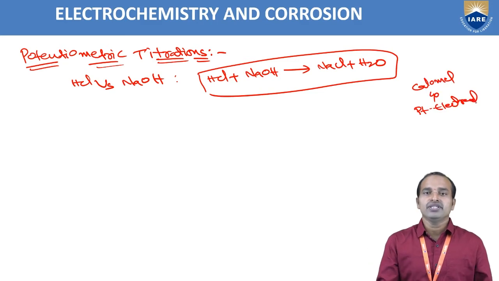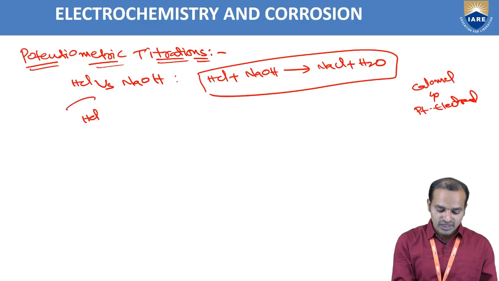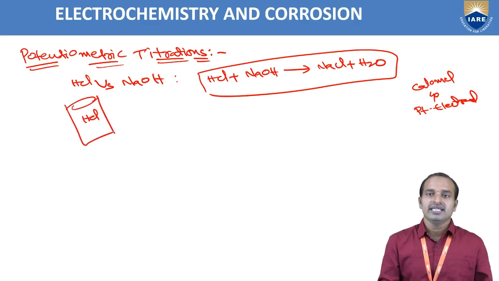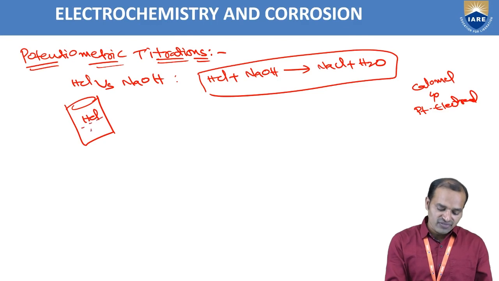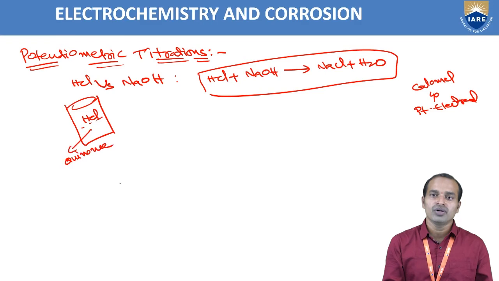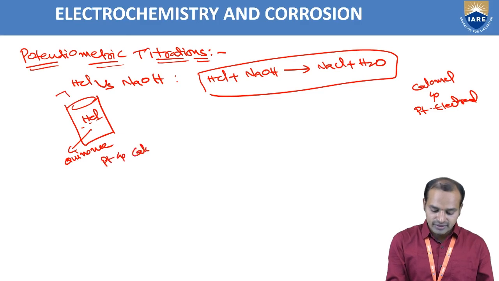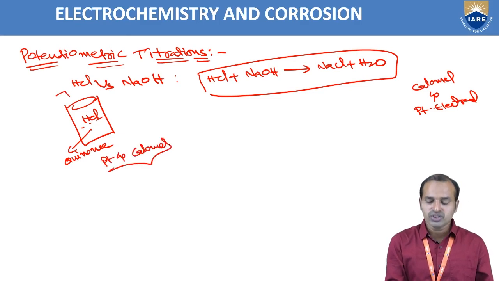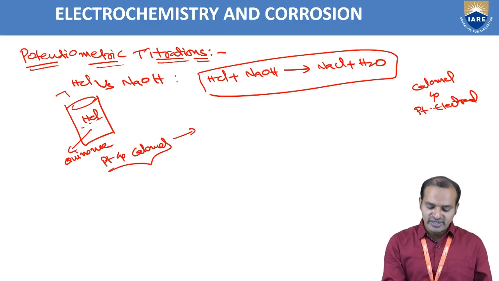In the potentiometric titrations, in the beaker we are taking the HCl solution, and in the HCl solution we add a pinch of quinone powder. In this HCl we dip the platinum electrode and the calomel electrode. Both electrodes are connected to the potentiometer.